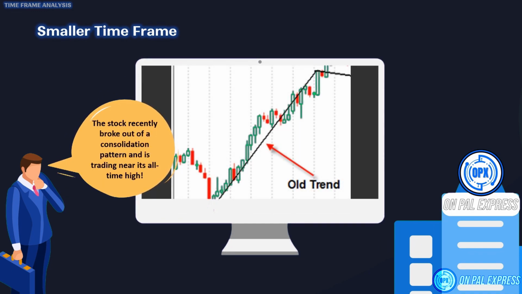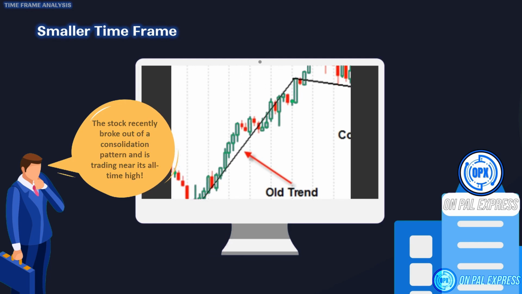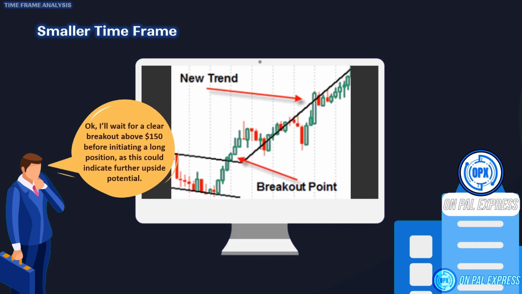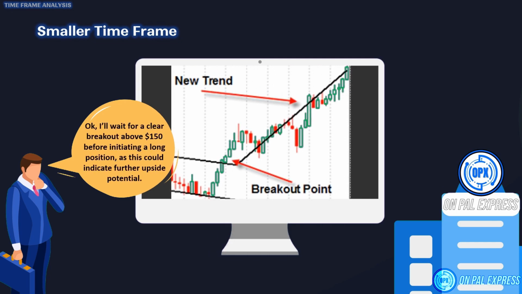On the daily chart, you observe that the stock recently broke out of a consolidation pattern and is trading near its all-time high. However, there is a short-term resistance level at $150 that the stock has struggled to break through in the past week. And you decide to wait for a clear breakout above $150 before initiating a long position, as this could indicate further upside potential.